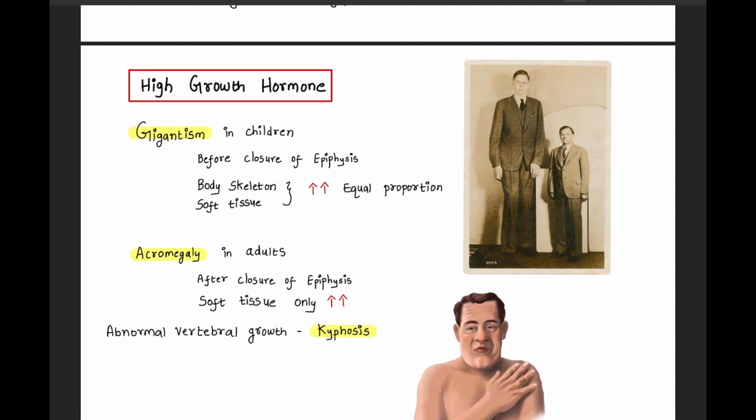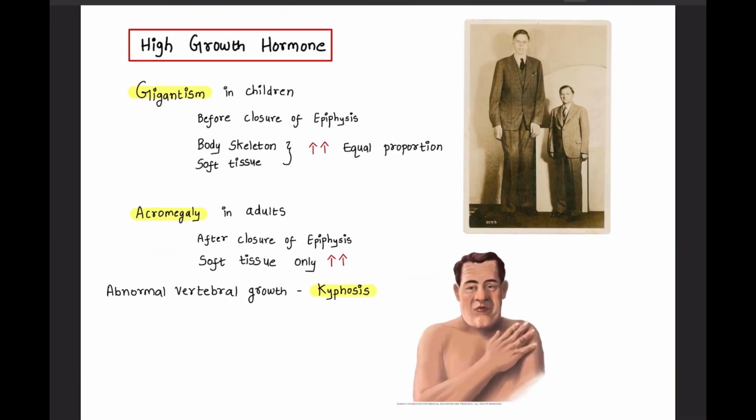And this gigantism happens before the closure of epiphysis, that is before puberty or during puberty, if there is an increase in the growth hormone levels. And what happens is it will add to the length. So the body skeleton and soft tissue will increase in equal proportion.